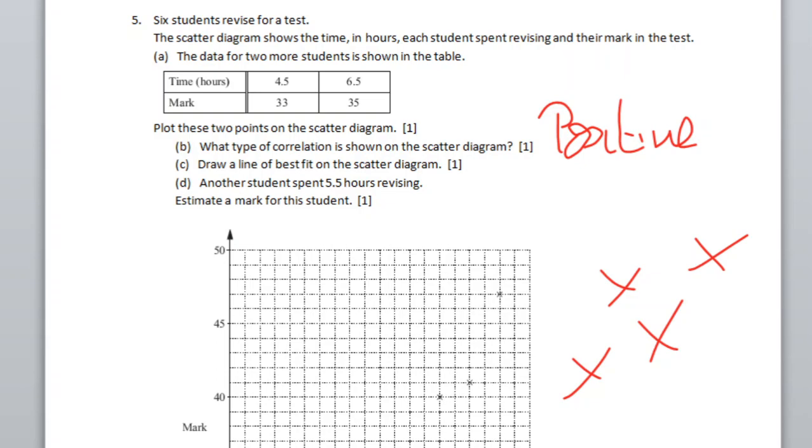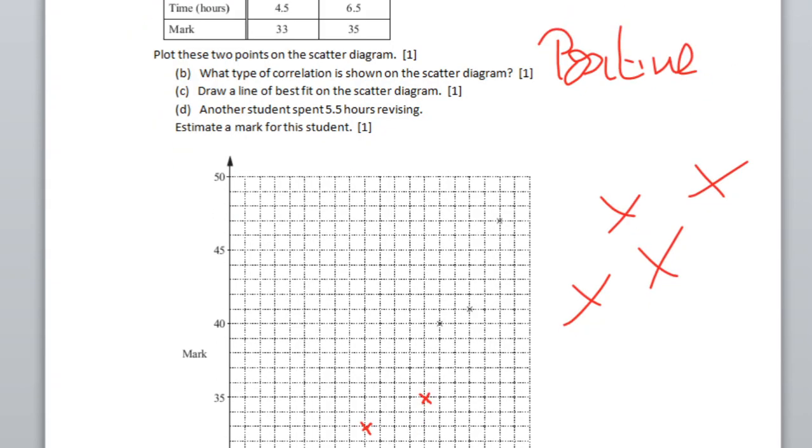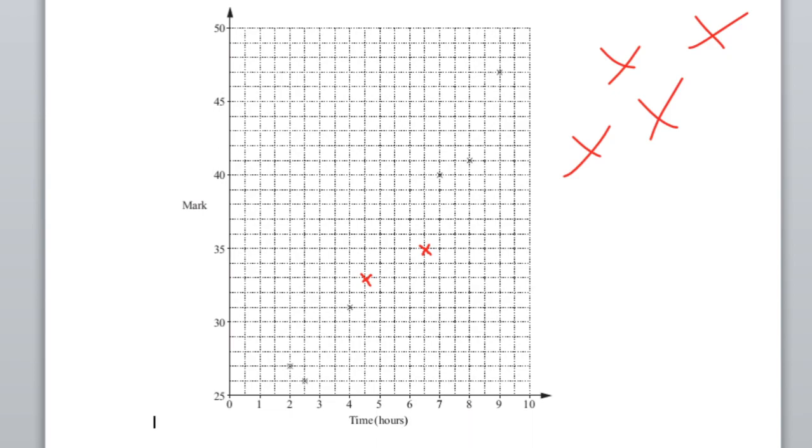Part C, draw the line of best fit for the scatter diagram. So for that, again draw a boundary for the given data. We're getting a shape like this.